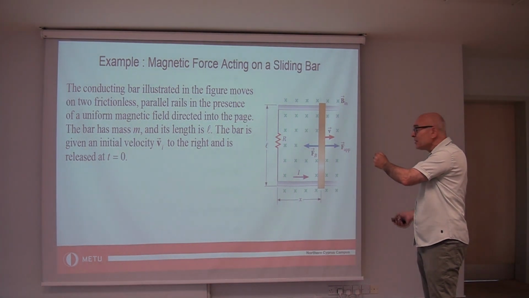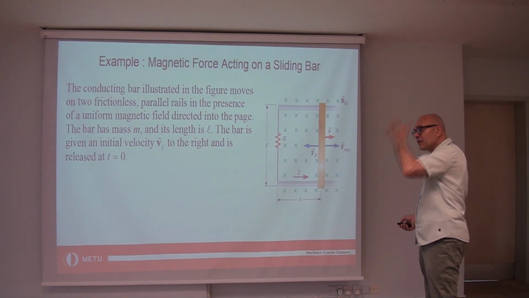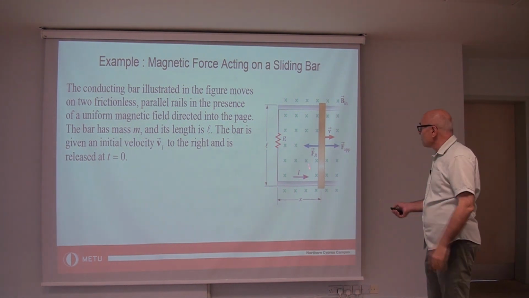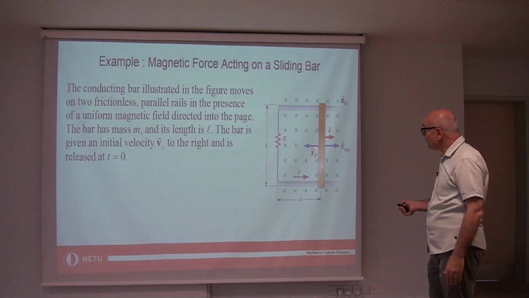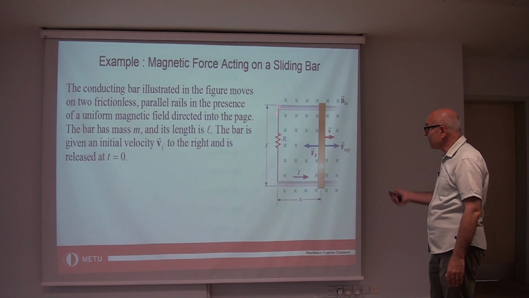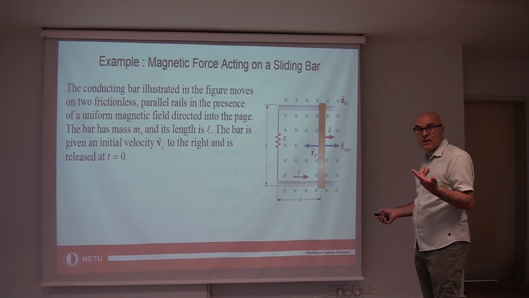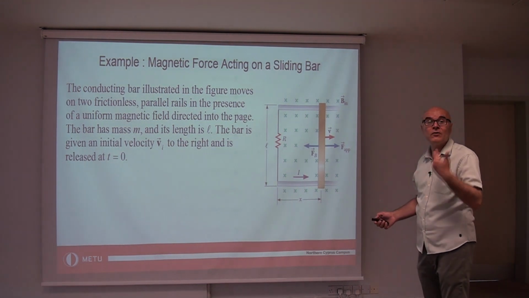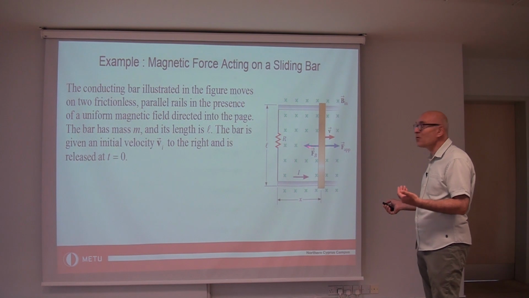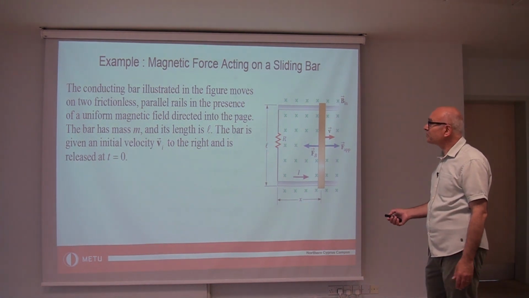Then after it reaches V, you decide to remove this F applied. But it still has a velocity moving to the right. Because there is now an induced current in the circuit, there is still an FB. So what will happen is that this will start to slow down. This is the situation that's happening.